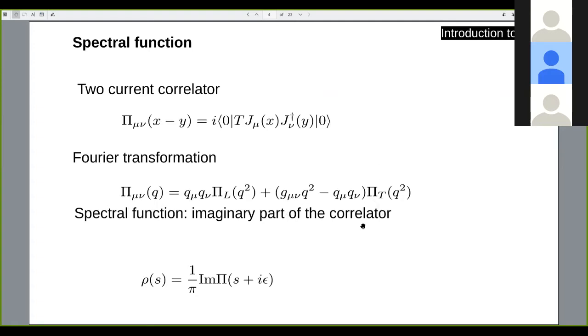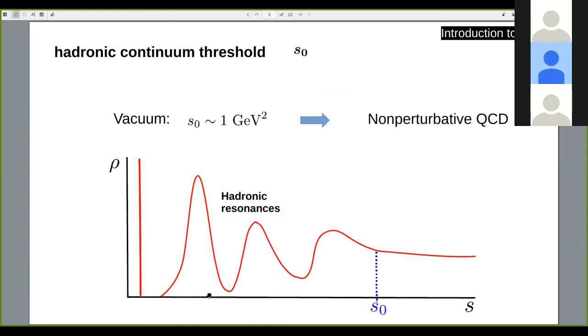We can obtain the spectral function of those form factors as the imaginary part. And if we plot some form factor, it reproduces some channel with described resonances.